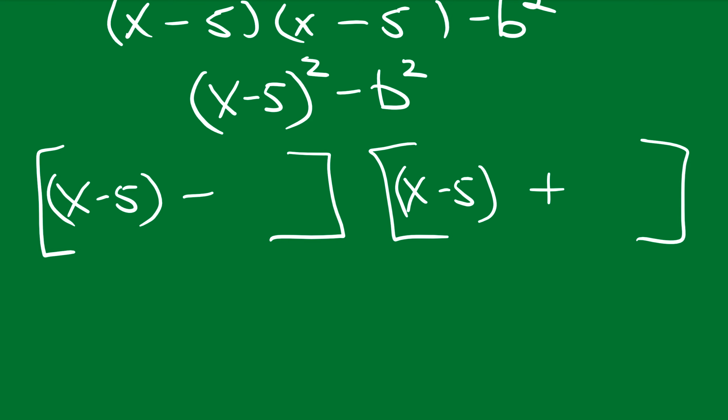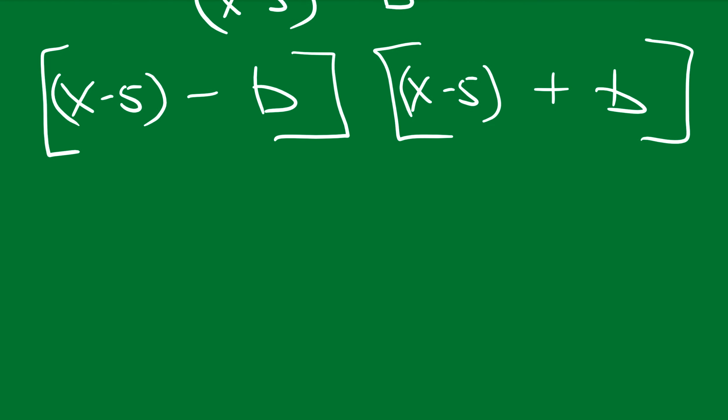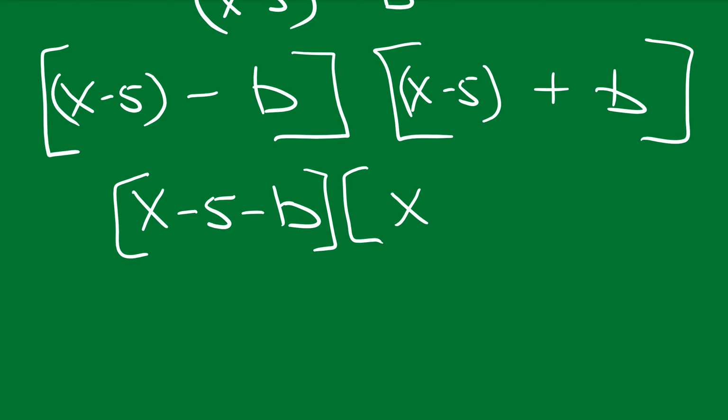And then my answer here would be a b and a b. I'll finish off the binomials here as b and b. So my answer on the left side, I guess I could write as x minus 5 minus b times x minus 5 plus b. And I guess that's okay. I'm done. That's it.